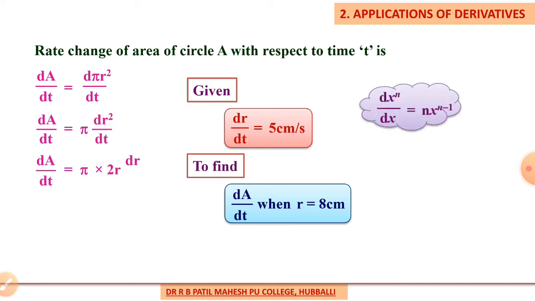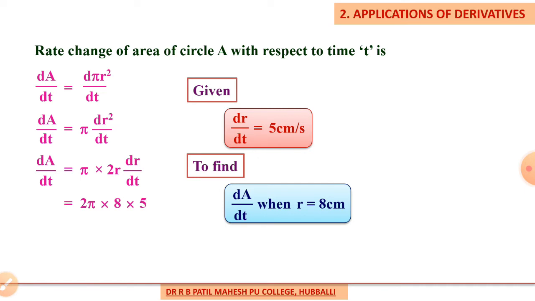With respect to time, the term is dr by dt. So this implies 2 times pi into r, where r equal to 8 centimeter is given, and dr by dt is equal to 5.